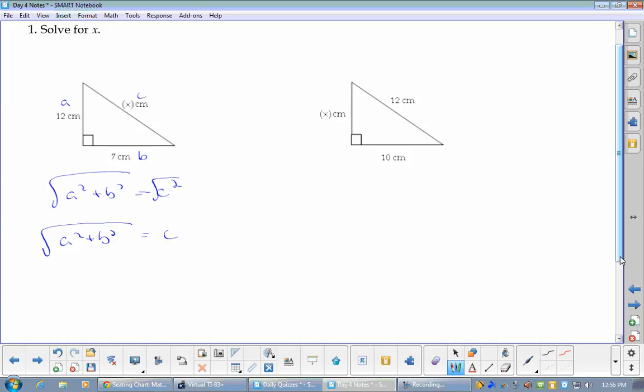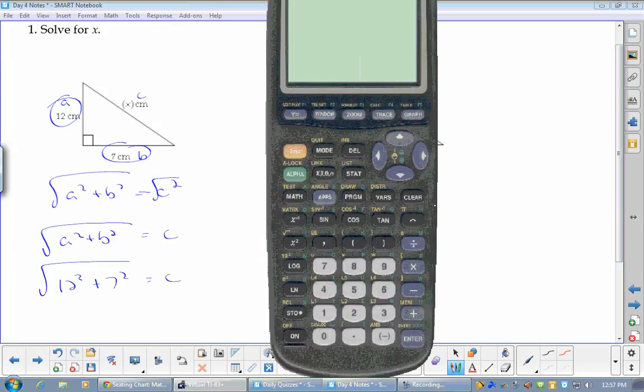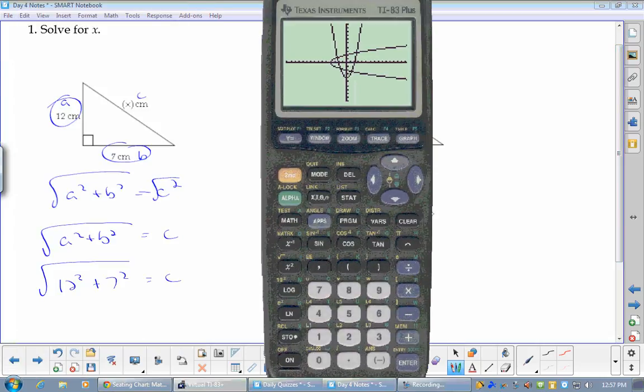And I'm actually going to try to encourage you guys to be doing this in one step in your calculators. So first of all, let's substitute. A, see my A? 12 squared plus B, 7 squared, equals C. So the way that we do this in our calculator, you take your square root sign, and it will open with a bracket.